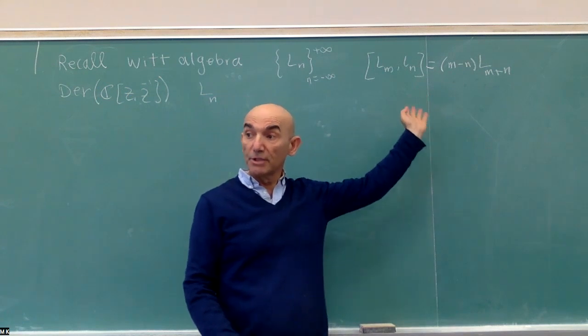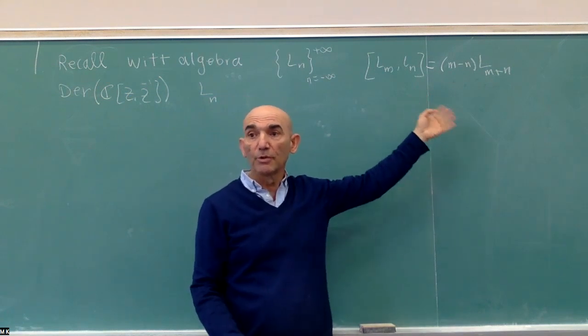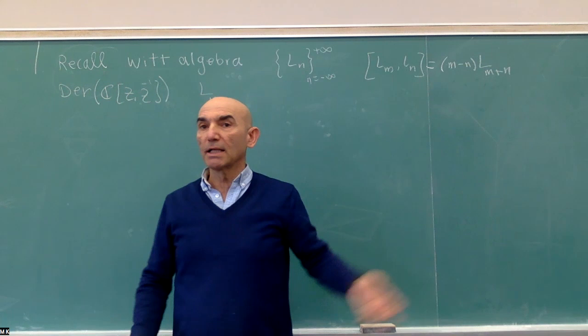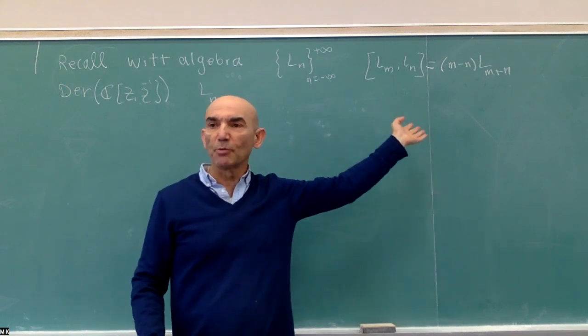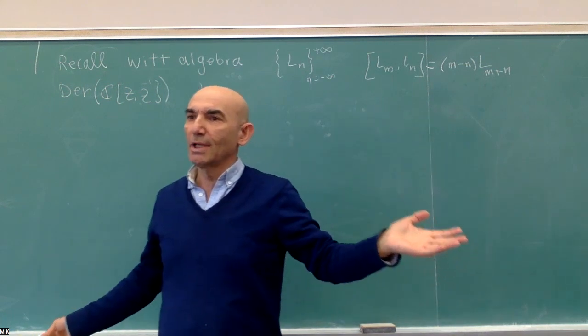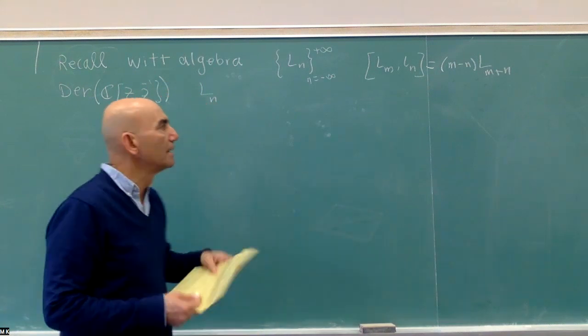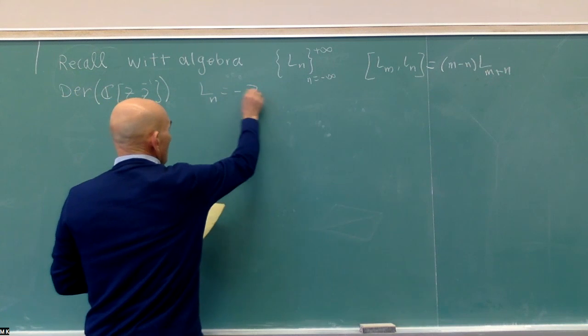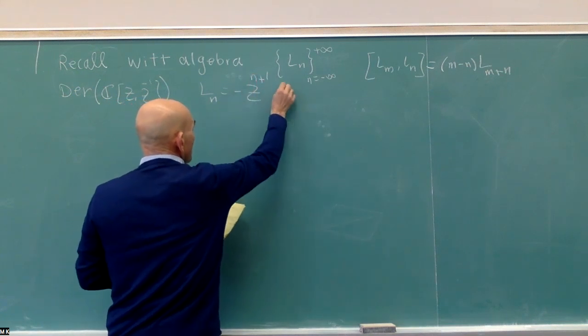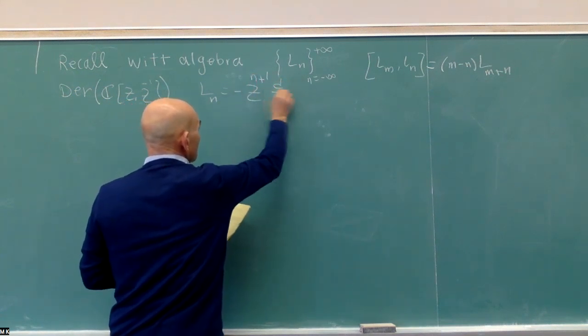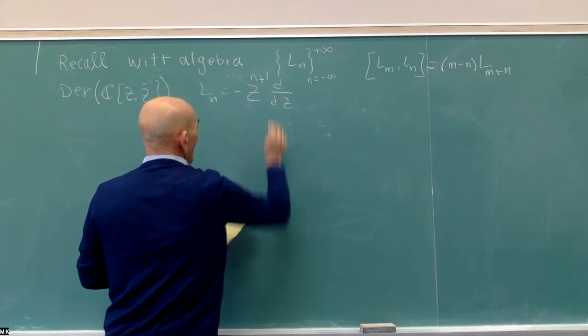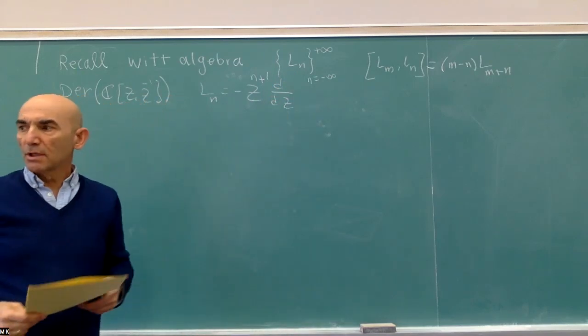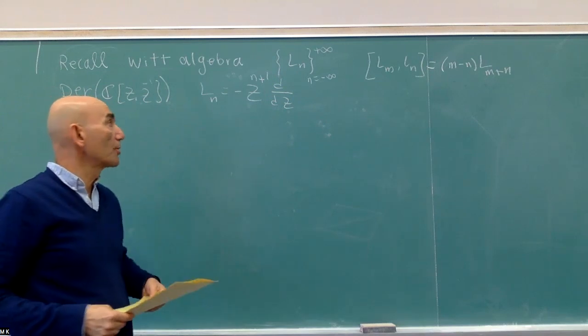That's the way the relations were actually found to start with. No one would sit down and say, hey, let's consider the algebra with these properties. It's totally insane. So Ln was minus z to the power n plus 1 d/dz. Right? So these are like vector fields in the complex plane.